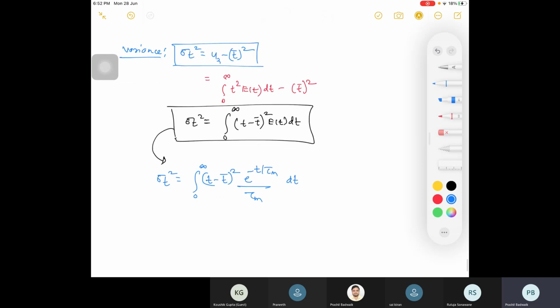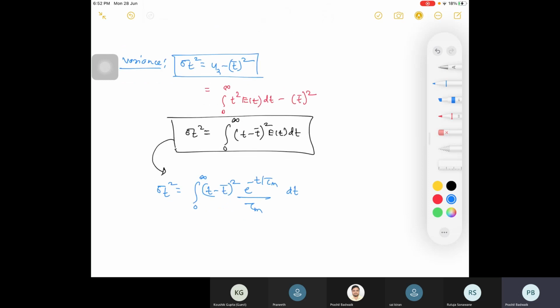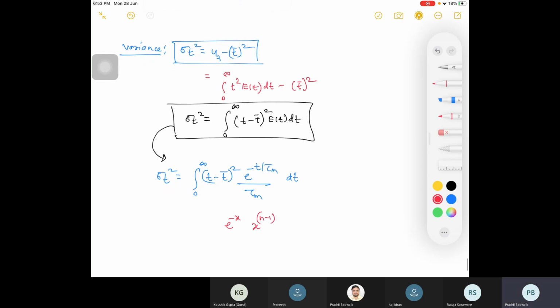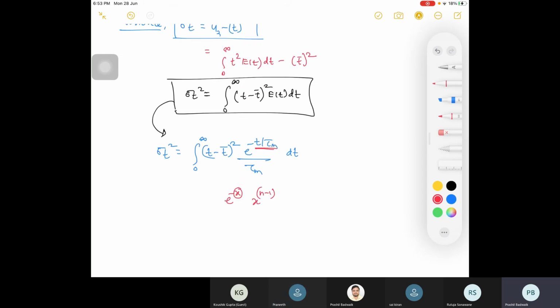So can you guys please convert this into your gamma function? You need to convert it to e power minus x, x to the power n minus 1. So what is your x here? t by tau m. Right, so please substitute it, and then you need to convert this into your x.